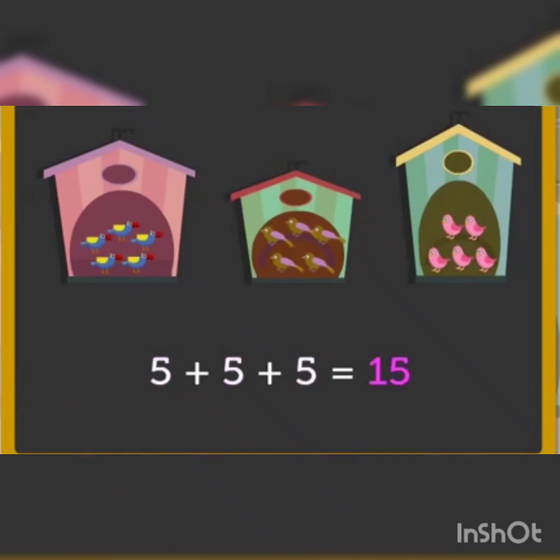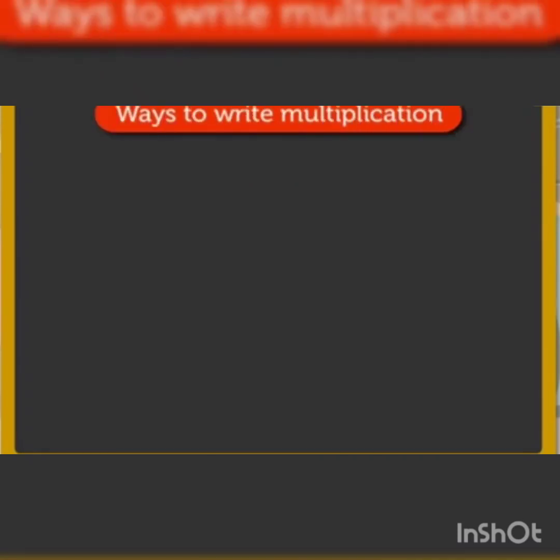Using the multiplication sign, we can write it as 3 multiplied by 5 is 15. So, there are 15 birds in all. In these 3 bird houses, we can see 15 birds in all.